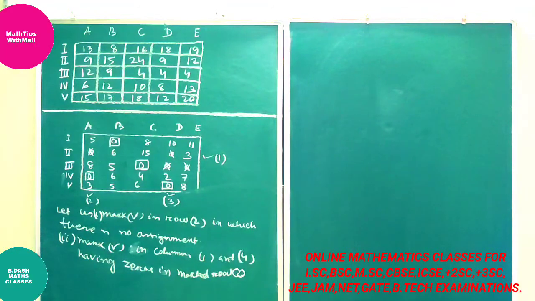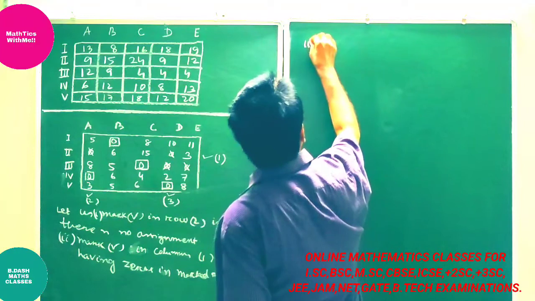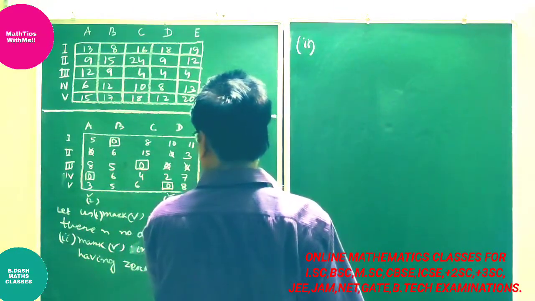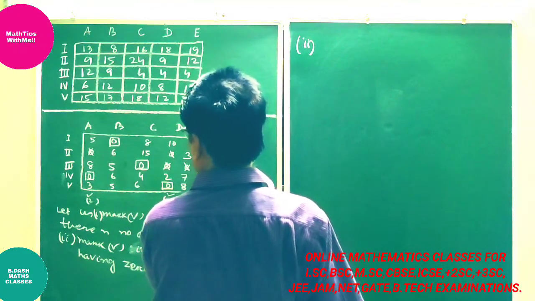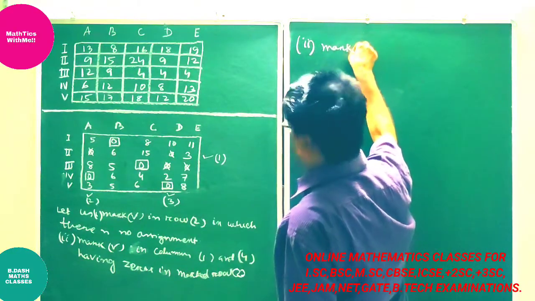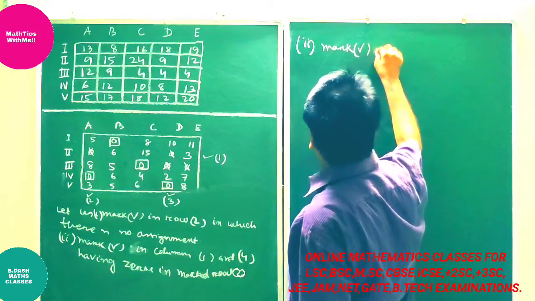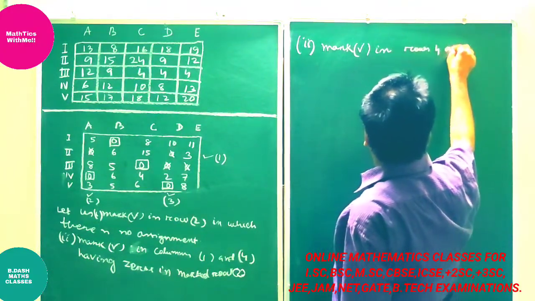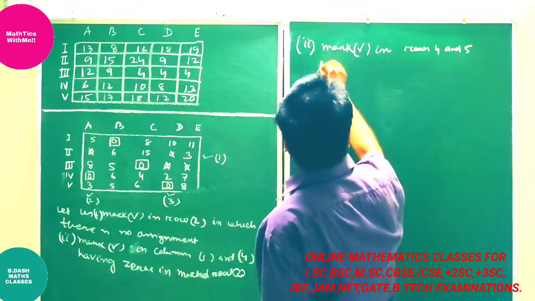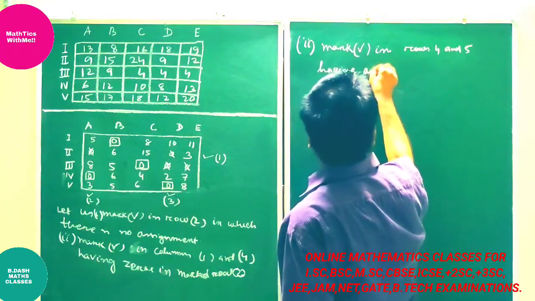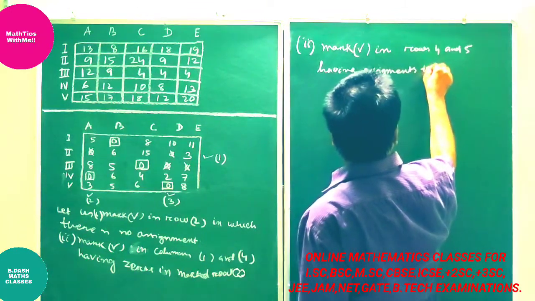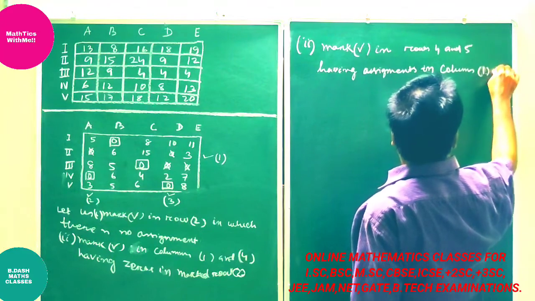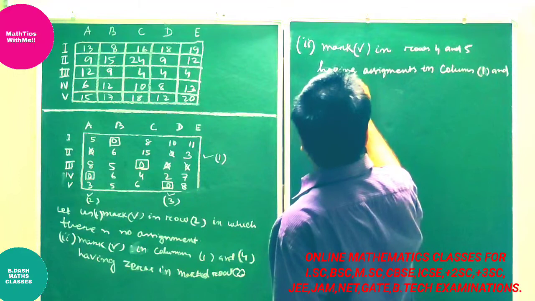Then we can tick mark rows 4 and 5 having assignments in columns 1 and 4, already marked.